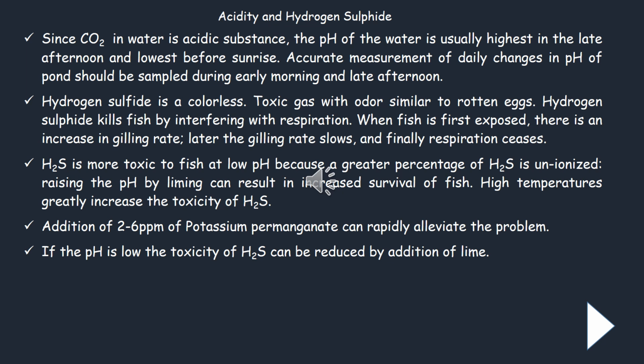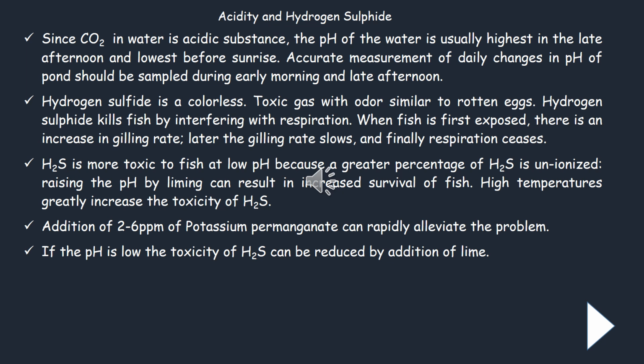Raising the pH by liming can result in increased survival of fish. High temperature greatly increases the toxicity of hydrogen sulfide. Addition of 2 to 6 parts per million, 2 to 6 milligrams per liter, of potassium permanganate can rapidly alleviate the problem.